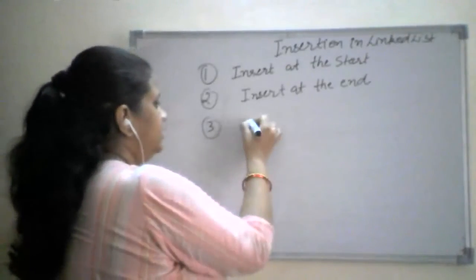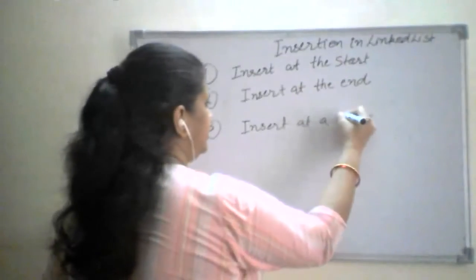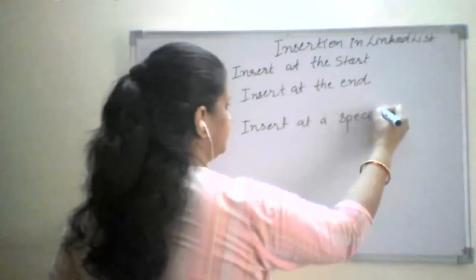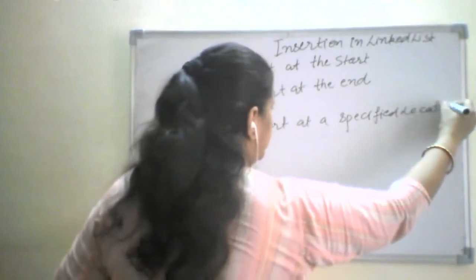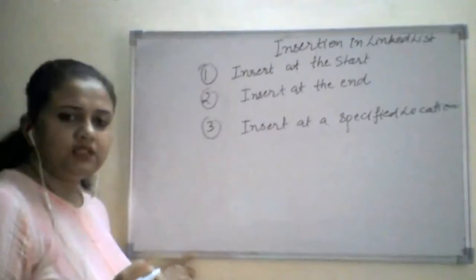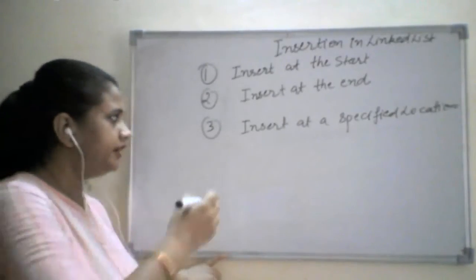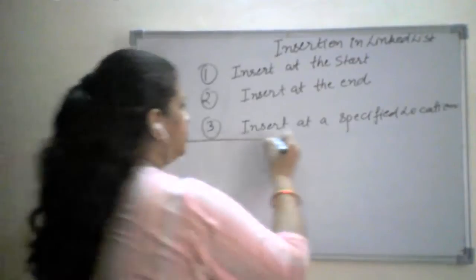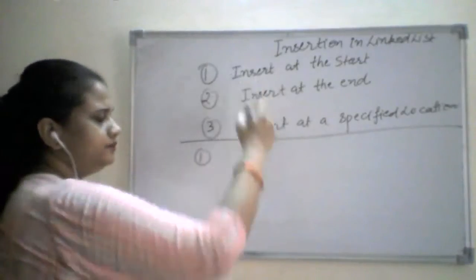Third is when you want to insert at a specified location. The procedures with which you do this insertion are different from one another, right? So first we will talk about how you do the insertion at the start.